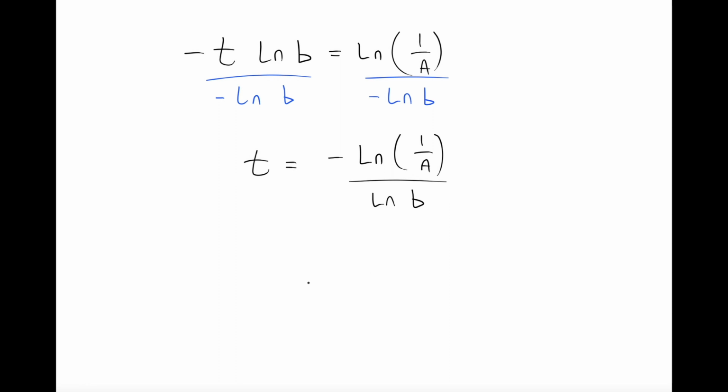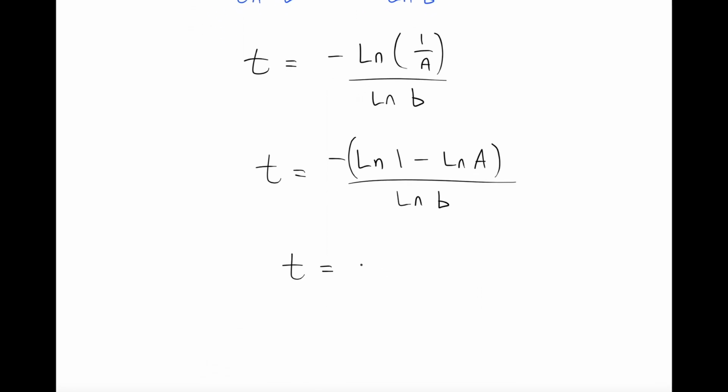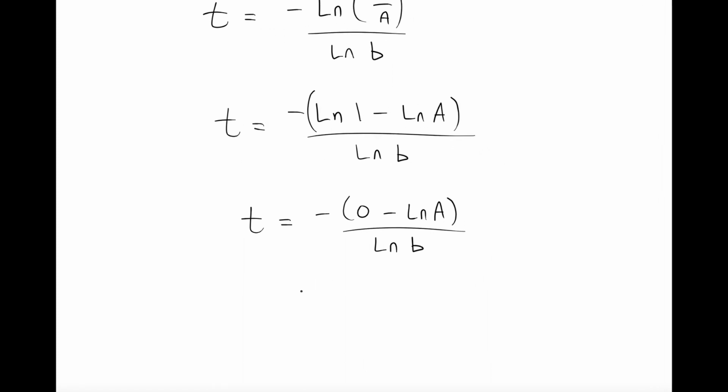We could simplify that just a little bit. It looks like t occurs at a value of ln A over ln B.